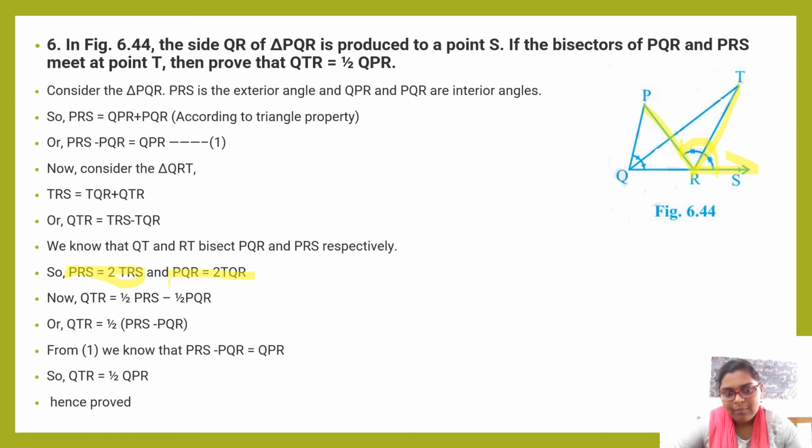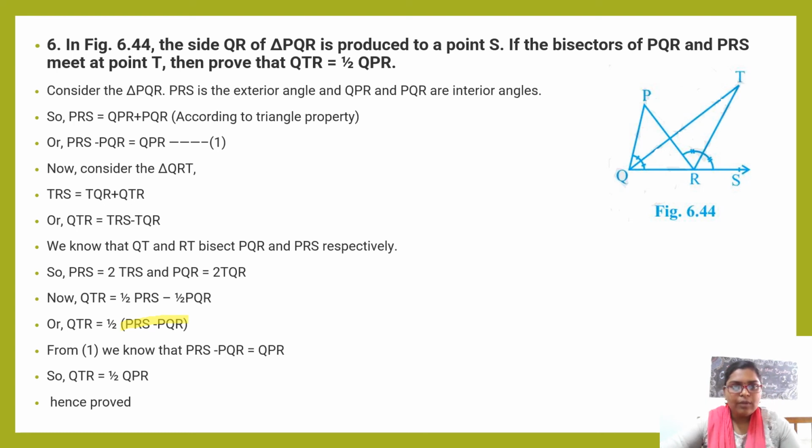The same we are going to do for this also, which is PQR. Where is PQR? PQR is equal to 2 into TQR. This is the bisector, right? So TQR. So now with that, here we are simplifying. QTR is equal to half of PRS minus half of PQR. In both the things, half is common. Take outside. What are all the remaining? PRS minus PQR.